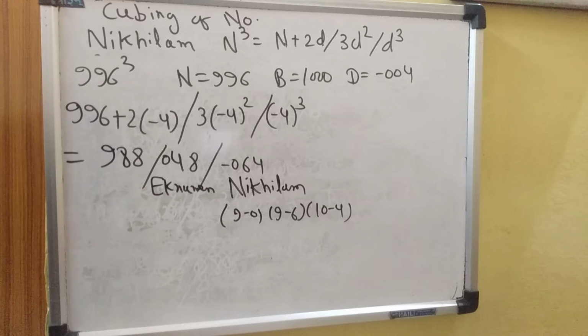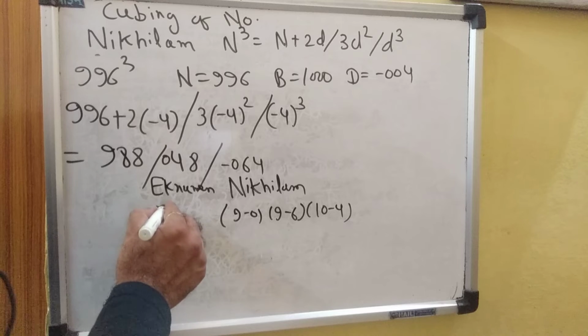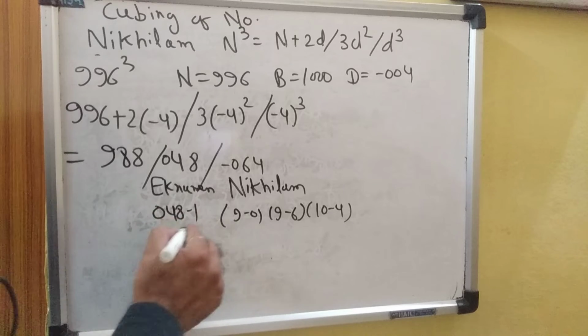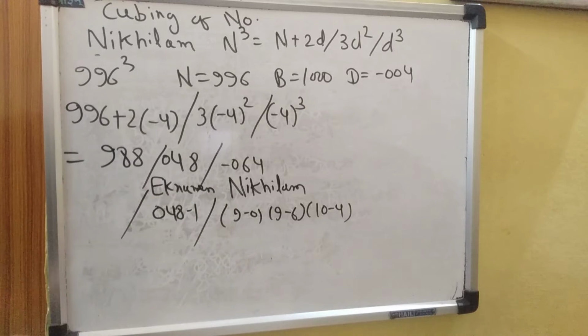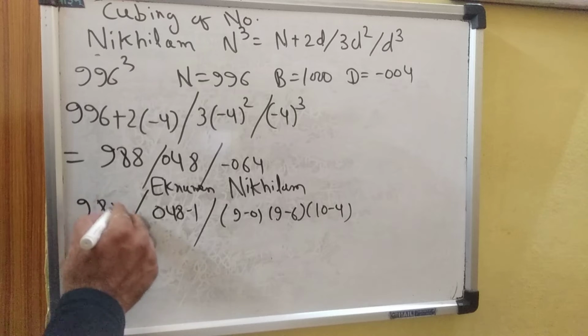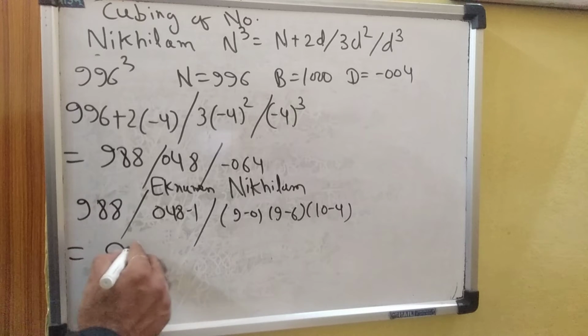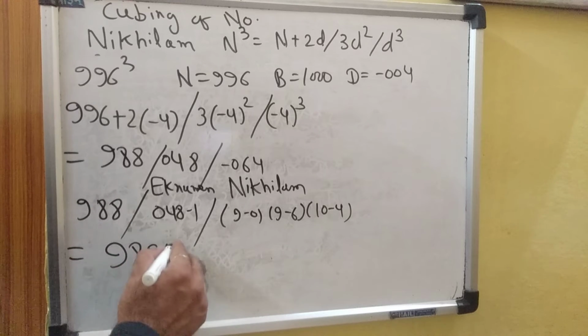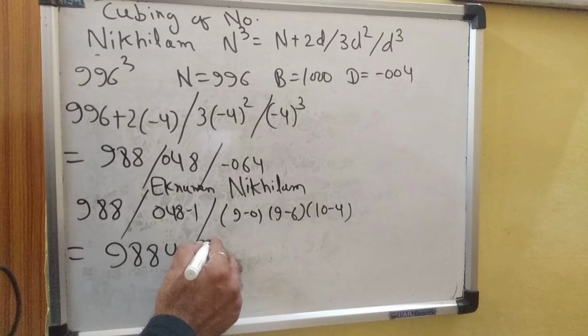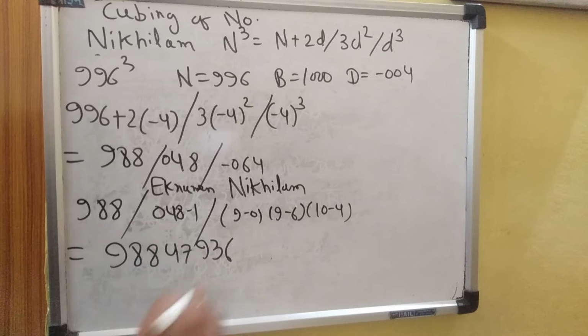Ekanyunayana means 1 less. So we reduce 48 by 1, and leftmost part will remain same. So our final answer is 988,047,936. This will be the answer.